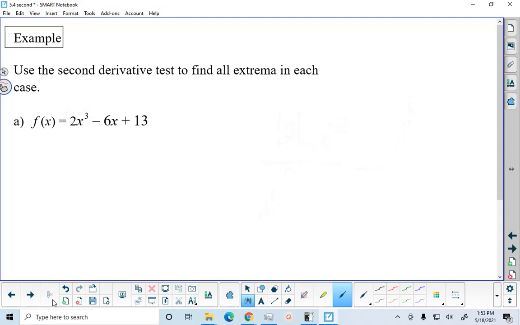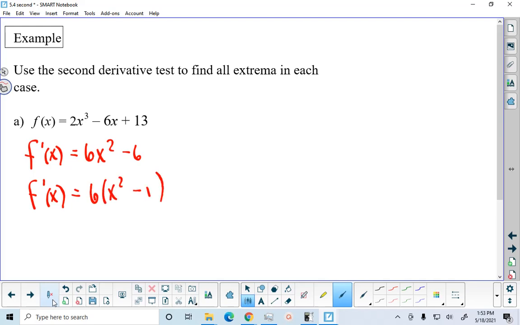So how does it work? We find the first derivative, which is 6x squared minus 6. We find the critical points by factoring. We get 6 times x plus 1 times x minus 1.